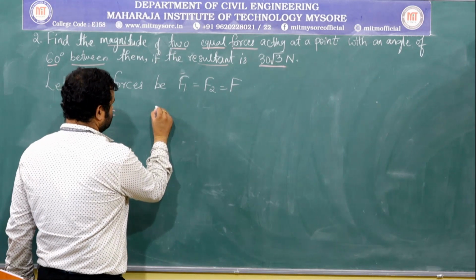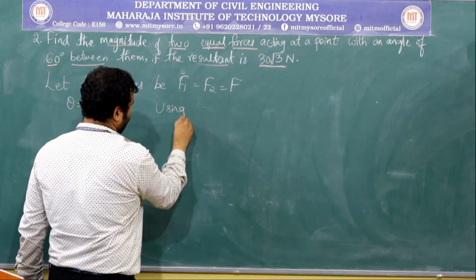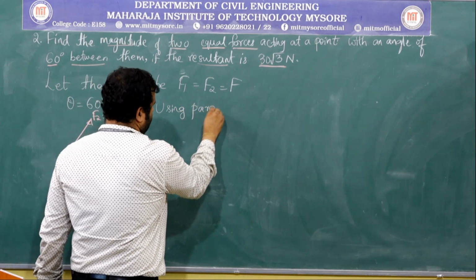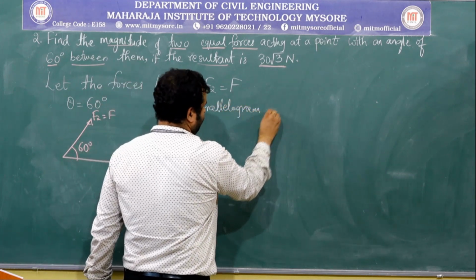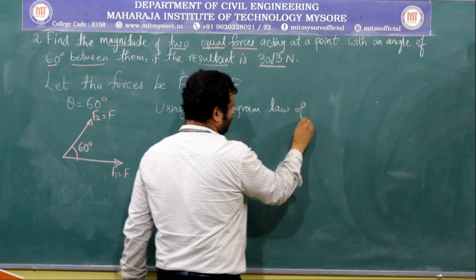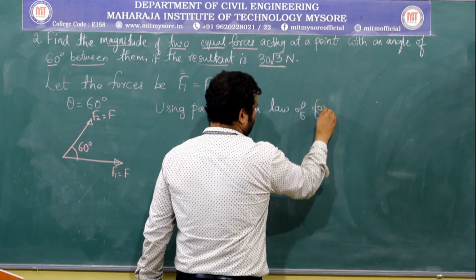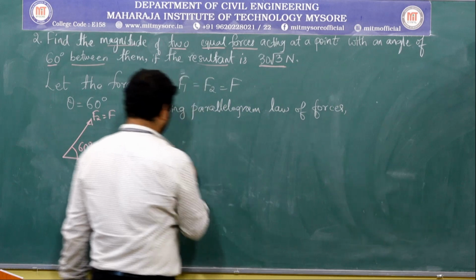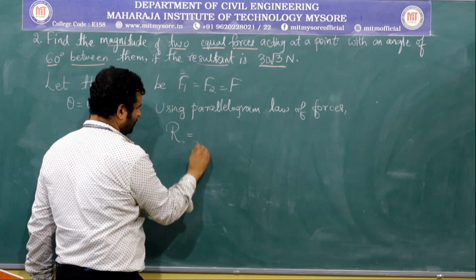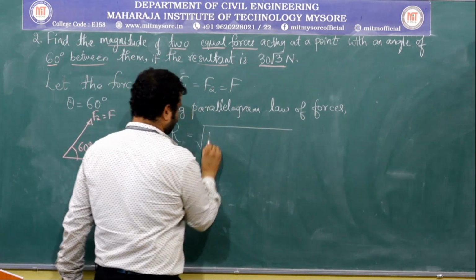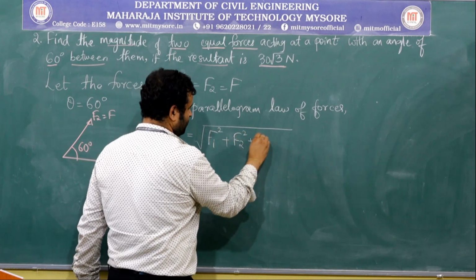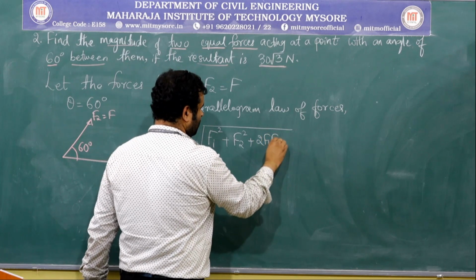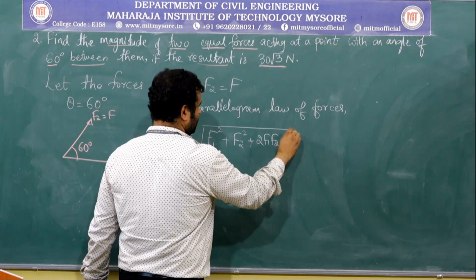Now, using parallelogram law of forces, we have the formula for R given by square root of F1 square plus F2 square plus 2 F1 F2 cos theta.